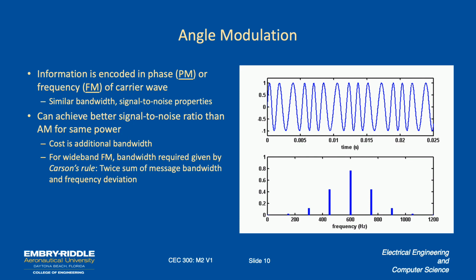That's called Carson's rule: the bandwidth required is twice the sum of the message bandwidth and the frequency deviation. So even though the signal in an FM radio may be 10 kilohertz wide, the bandwidth given to each channel is 200 kilohertz, and that extra bandwidth is what gives you the ability to counteract noise.